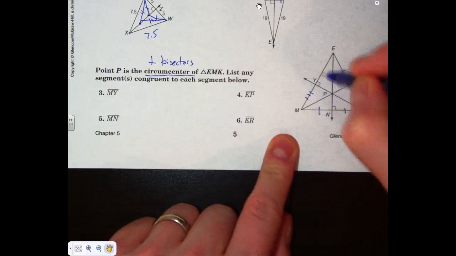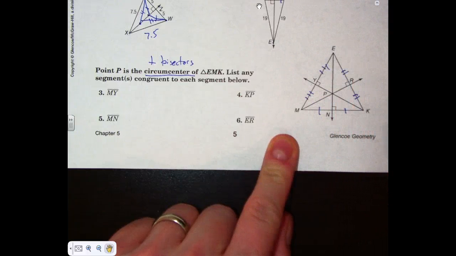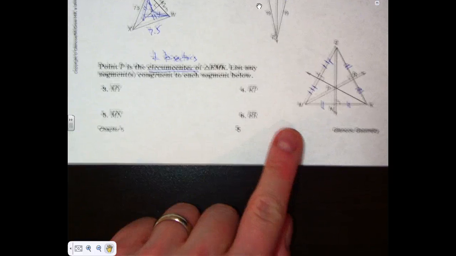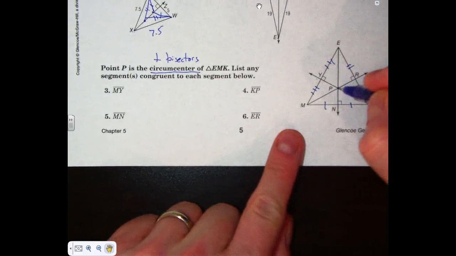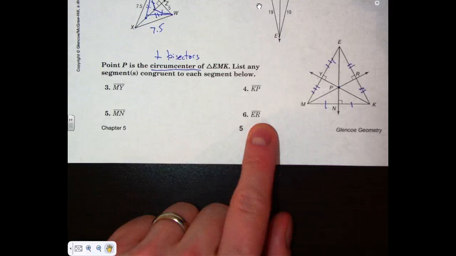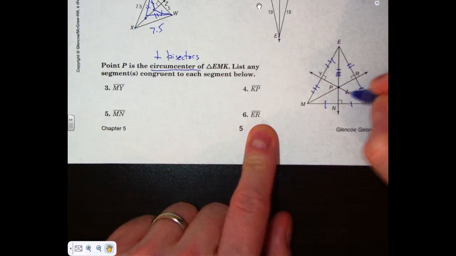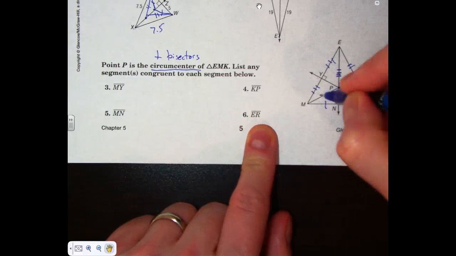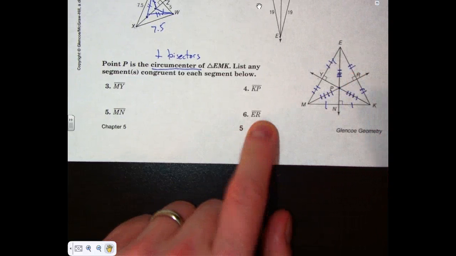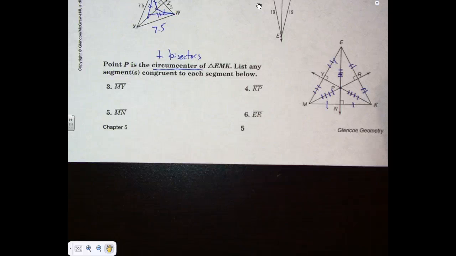And I also know that point P is the same distance from all three vertices, because that's what's special about the circumcenter. So I have a lot of stuff that's congruent in this drawing.